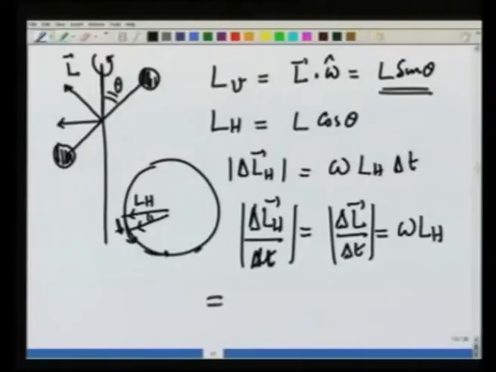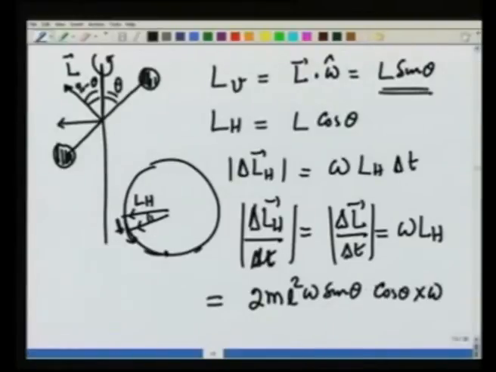And this you can see is going to be, L was 2mL² omega sine theta. This is 90 minus theta. So L horizontal is going to be sine of 90 minus theta of this, which is cosine of theta, times omega, which comes out to be 2mL² omega² sine theta cosine theta.